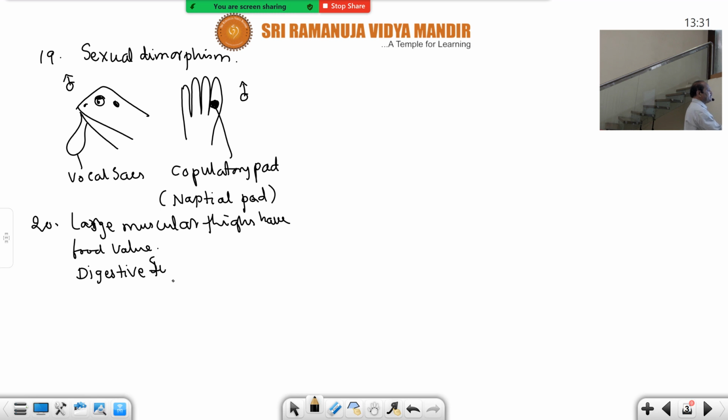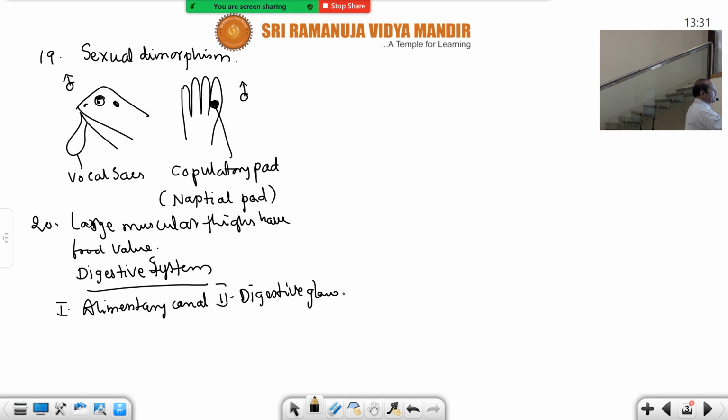Generally the digestive system, not only in frog but in all, is divided into the alimentary canal and digestive glands. So first let us list out the organs present in the alimentary canal.